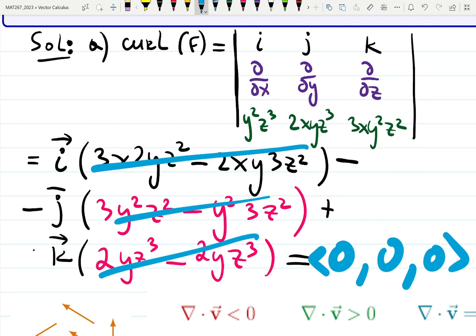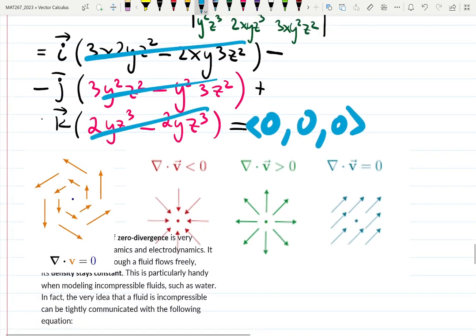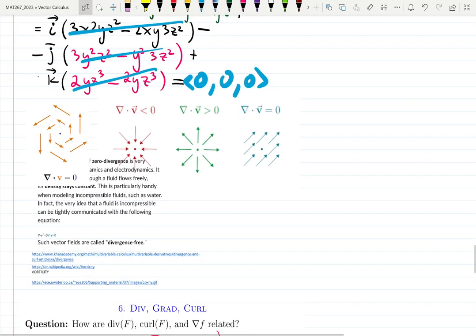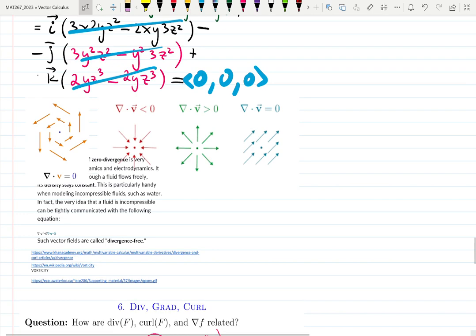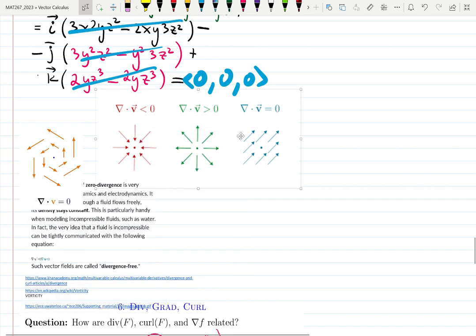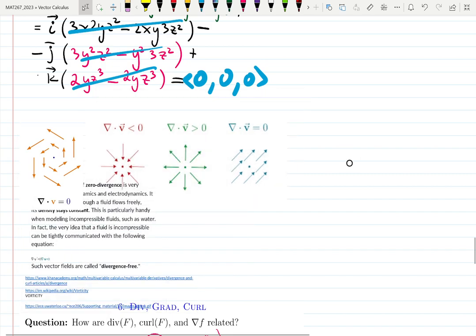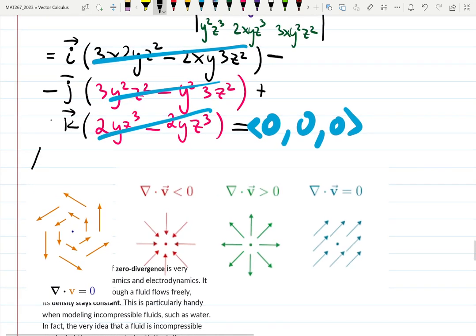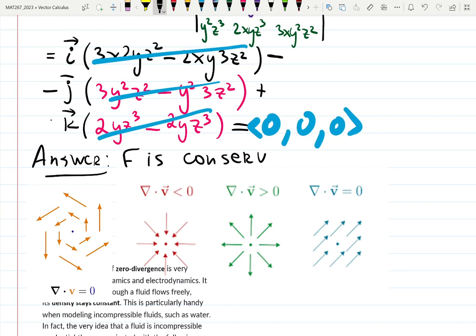Answer: it is conservative. If it is conservative, now you can find a potential function if we ask you to, and guess what, we do ask you to do that. So you can write down, the field F is conservative.